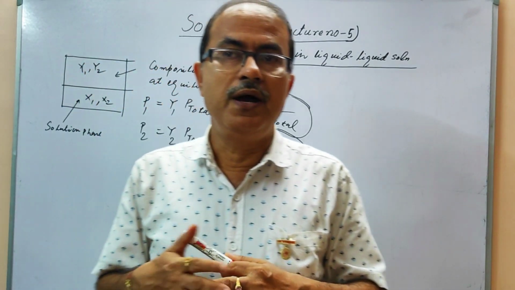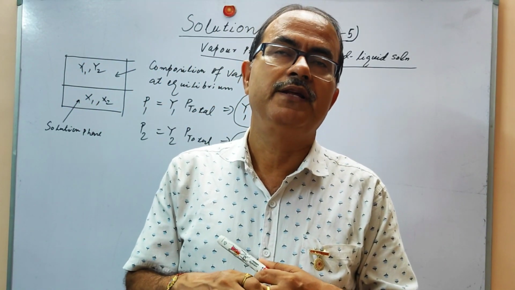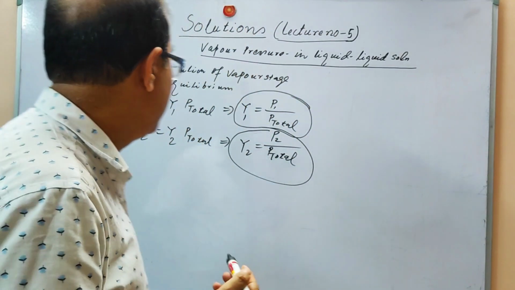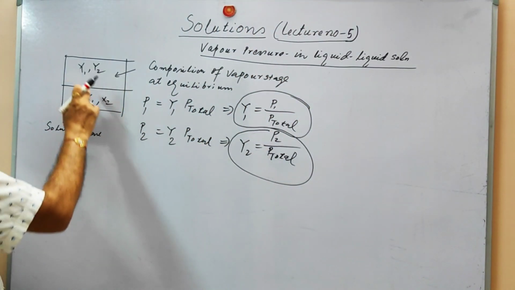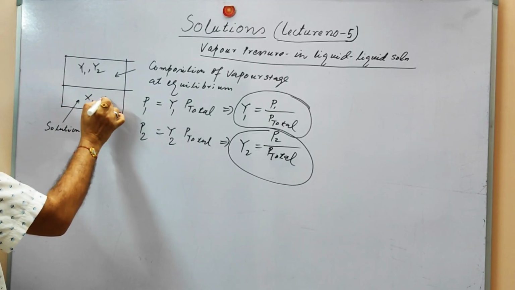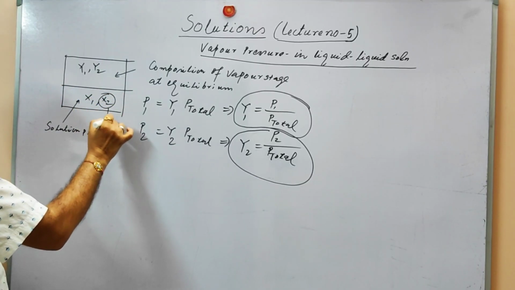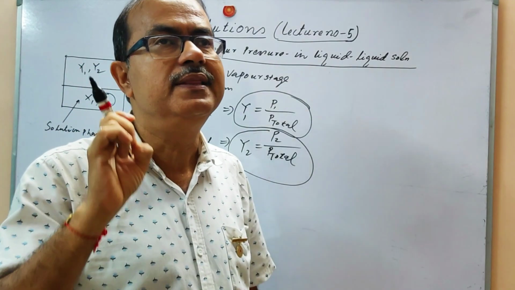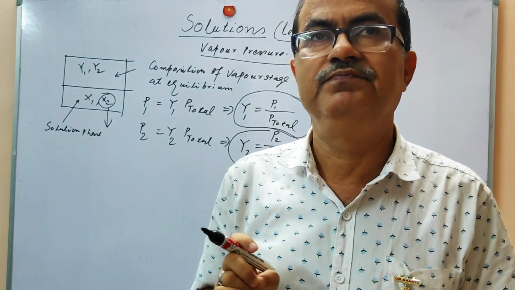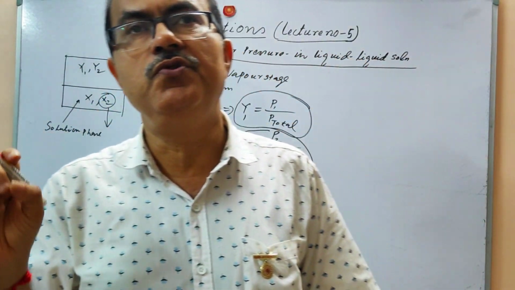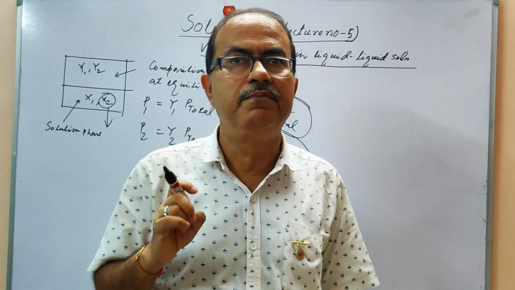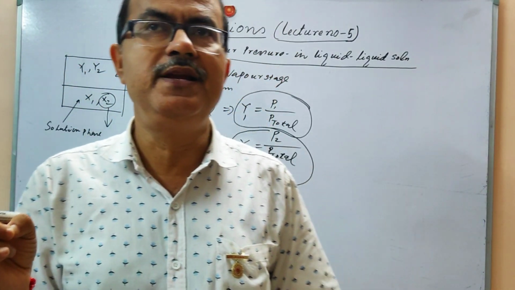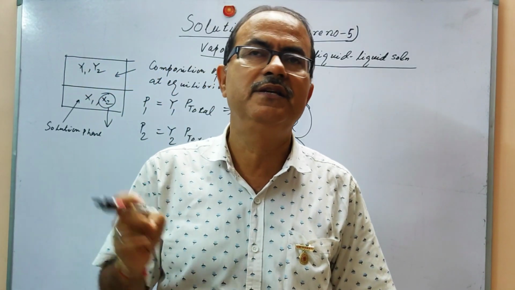In the next lecture, we will understand another very important thing: when both the components are not volatile, that is, when one component is not volatile, what will be the vapor pressure? Whether the vapor pressure will be the same as that of the component which is volatile or different, we will discuss in the next lecture.